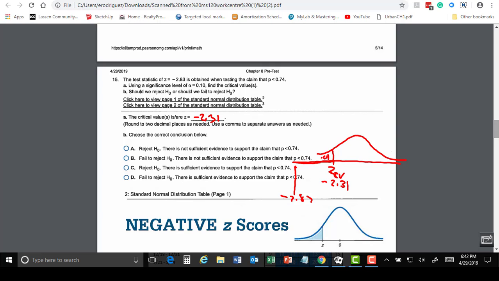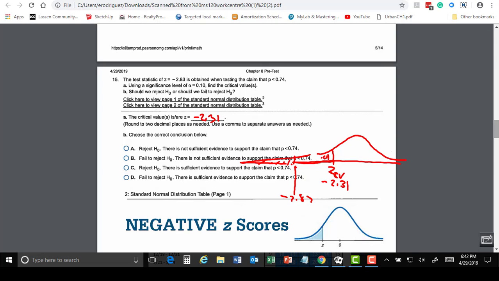This is our alpha. But they already tell us the test statistic. The test statistic is this area on back. You can see it's sitting to the left of the critical value. Correct? So we reject the null.